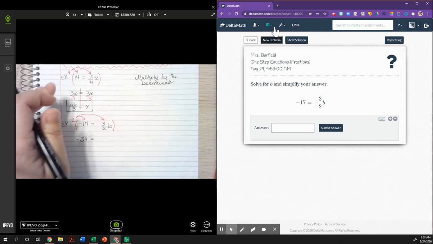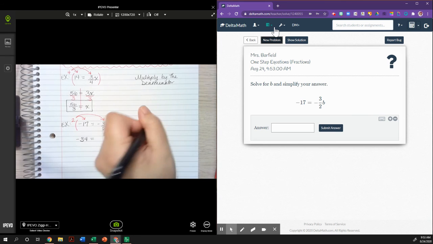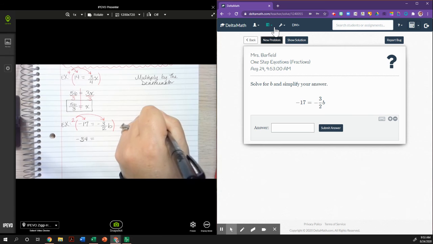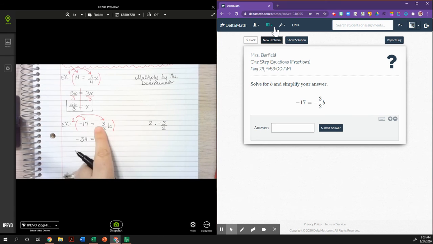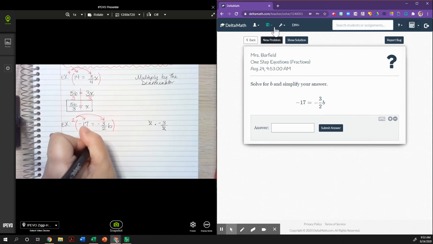Now, I didn't say anything in the first example because I just wanted to solve the problem. When you multiply 2 times negative 3 over 2, I don't have to do all the multiplication work because I know that those 2's cancel, so I'm left with negative 3.